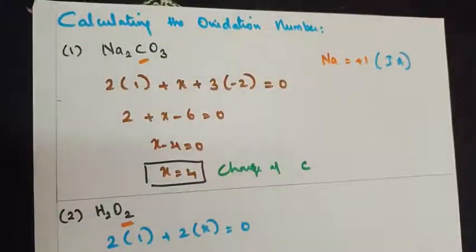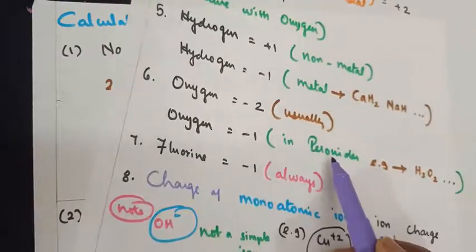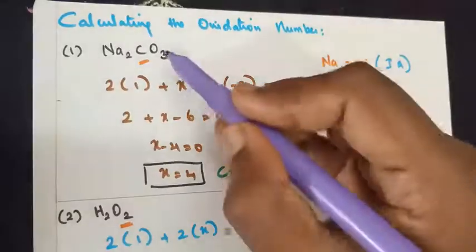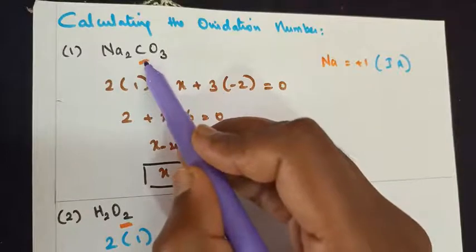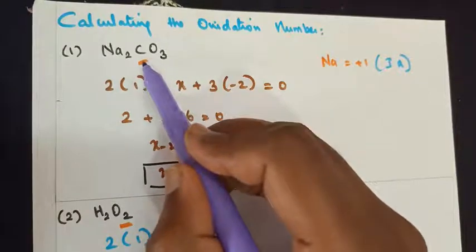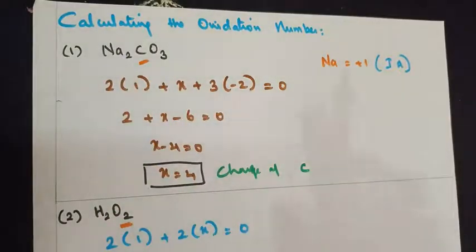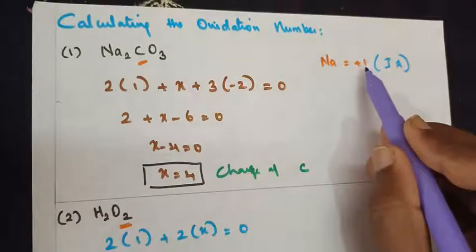Now oxygen we have seen to be -2 always. Only in the peroxide category is the charge -1; otherwise it's -2. So oxygen also we needn't calculate. Now carbon we have to calculate. So I have underlined it here. How many atoms of sodium have you got here? 2. So 2 into the charge of one sodium atom, +1.